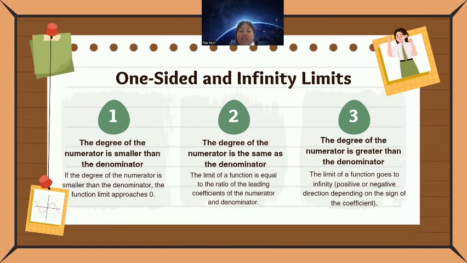Second, if both degrees are equal, the limit is the ratio of the leading coefficients. And third, if the degree of the numerator is greater than the denominator, the limit approaches positive or negative infinity, depending on the sign of the leading coefficients. These rules make solving limits at infinity much easier.